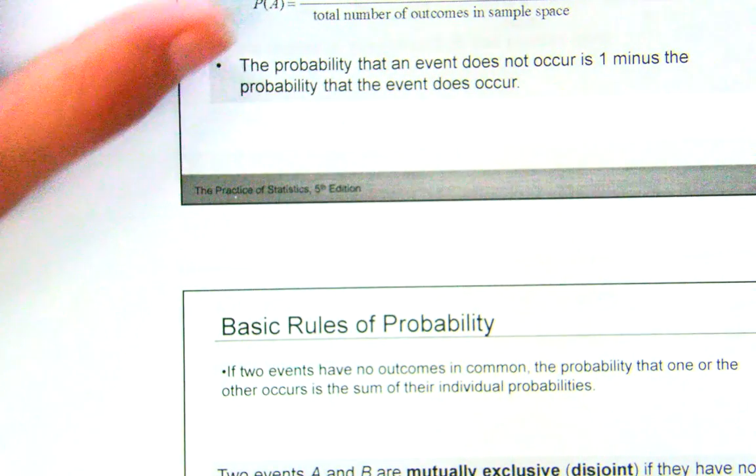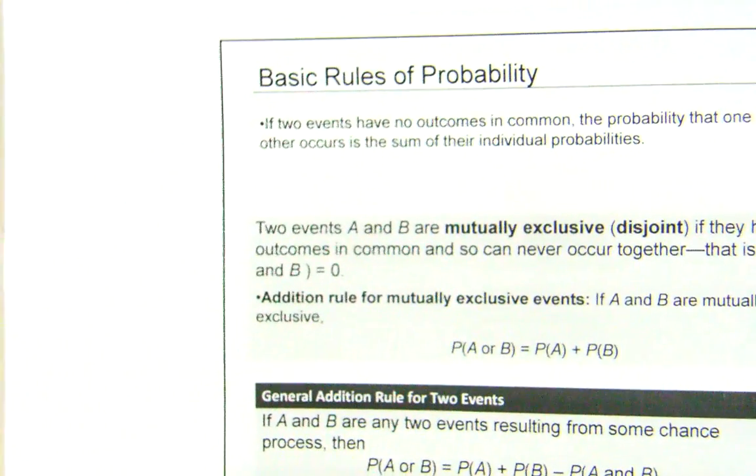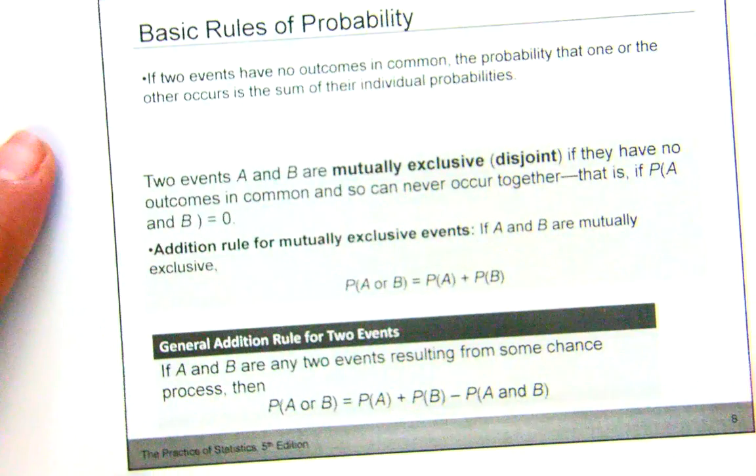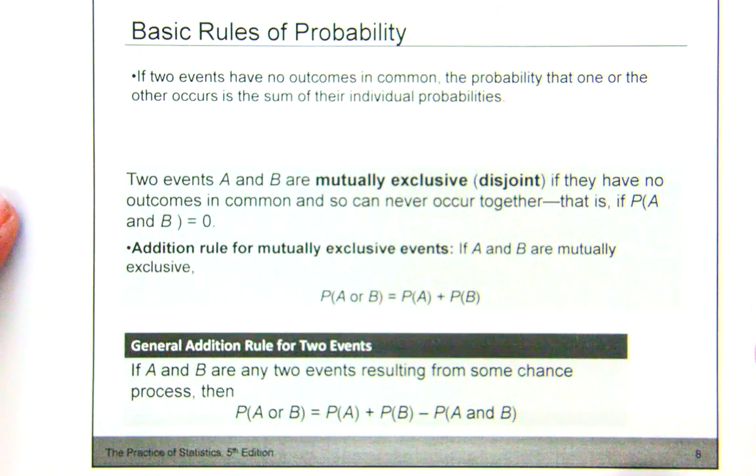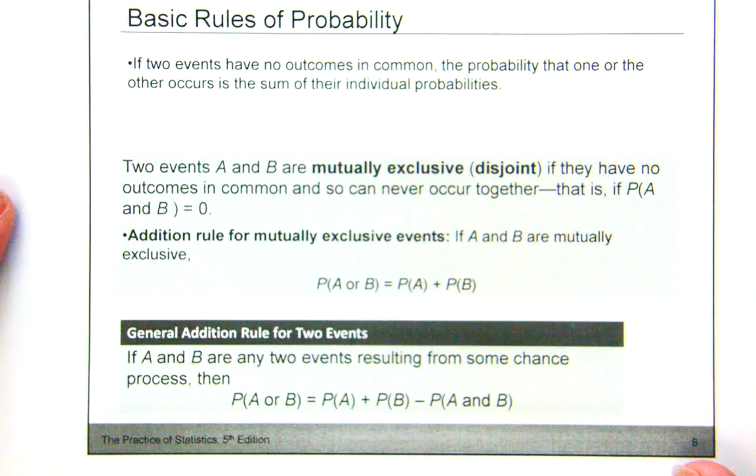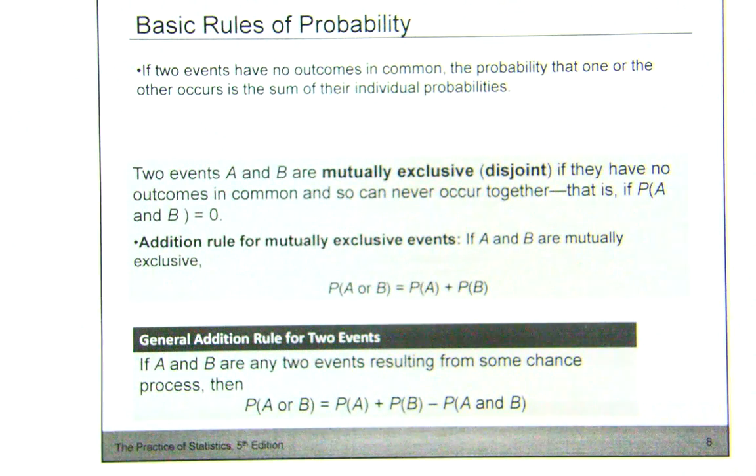Now, the next one. If 2 events have no outcomes in common, the probability that one or the other occurs is the sum of their individual probabilities, which sounds kind of weird, but I don't know how to describe this.